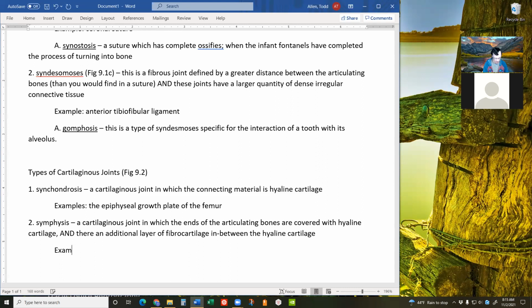Okay, so an example here would be the pubic symphysis.